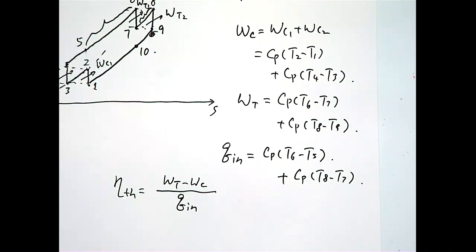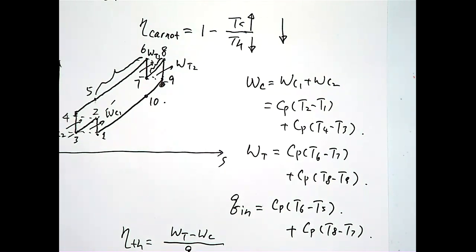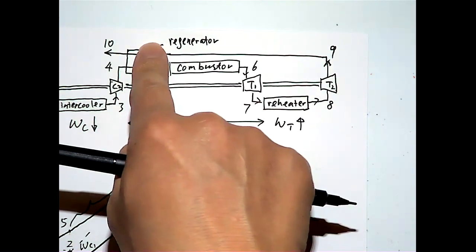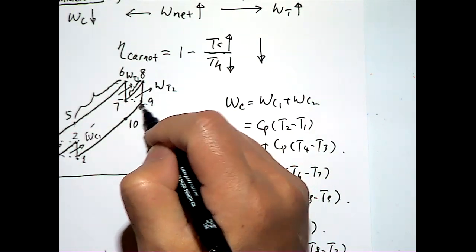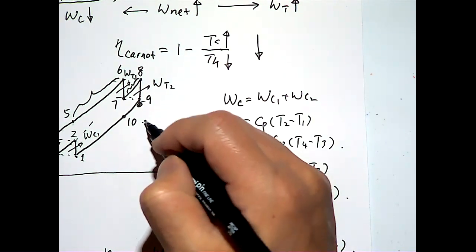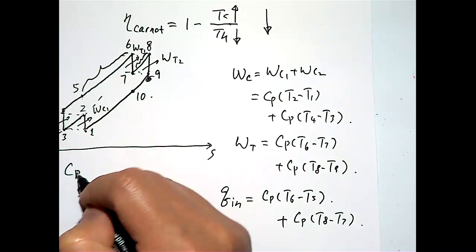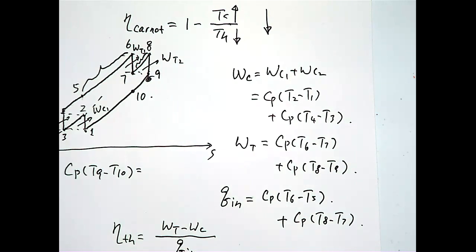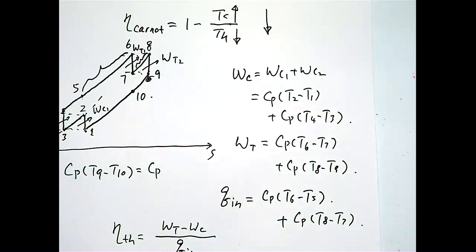And also, you want to be clear there is an energy balance at the regenerator. So you would have the temperature difference between the two states, Cp (T9 minus T10), which should equal to Cp of what temperature difference?